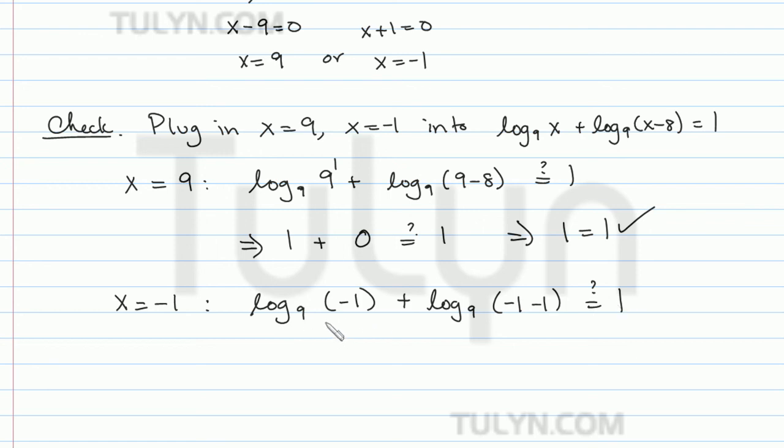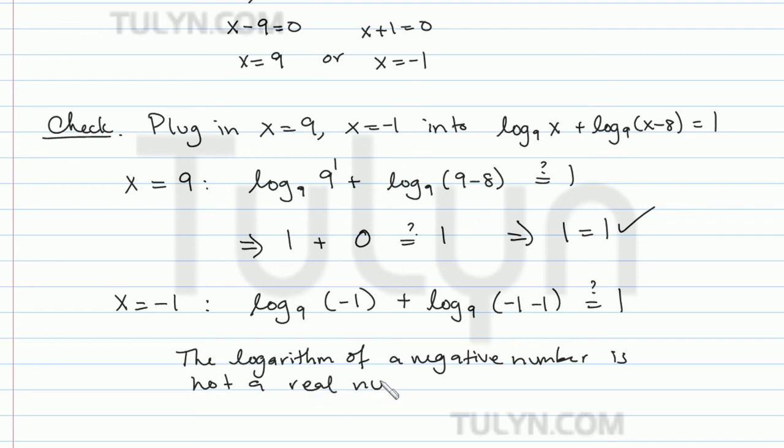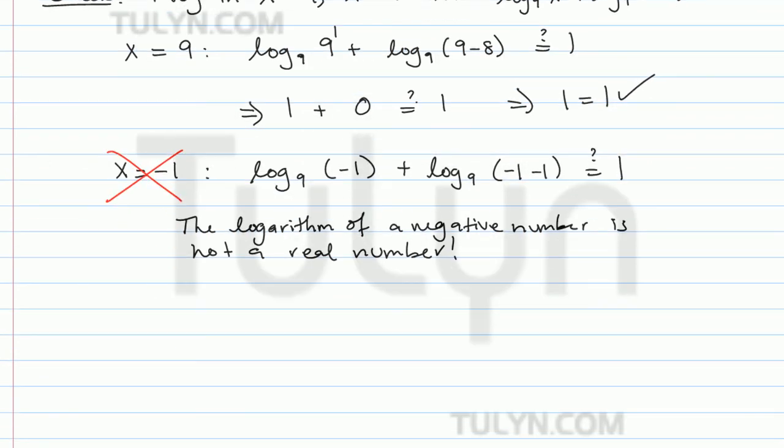Now notice that in both cases we have log base 9 of a negative number, but the logarithm of a negative number is not a real number. So in this case, x equals negative 1 does not check out as a solution. So the only solution is x is equal to 9.